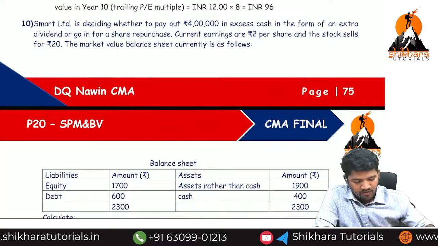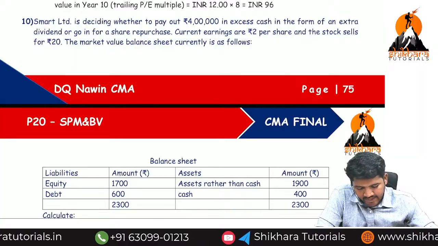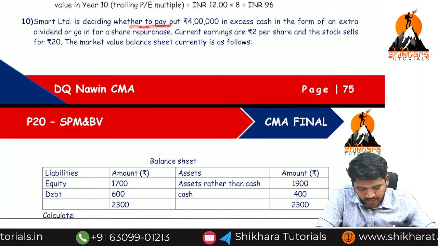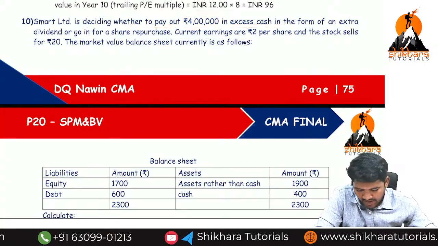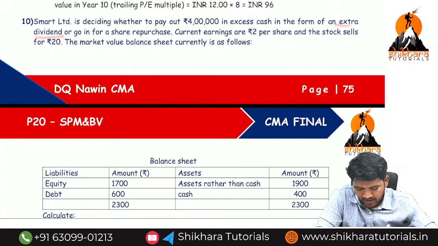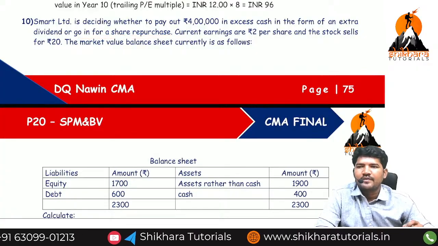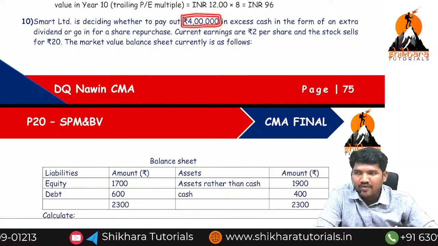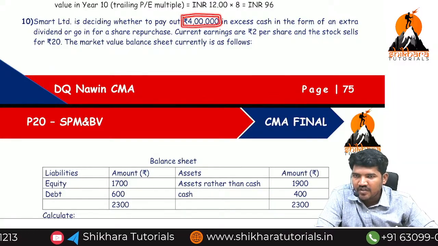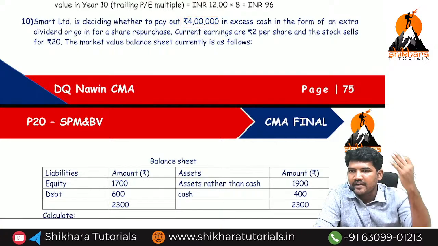Okay. Now illustration number 10. Smart Limited is deciding whether to pay out 400 lakhs in excess cash in the form of extra dividend or go in for a share repurchase. In simple terms, they're saying the company has 4 lakh rupees of cash after settlement to all the persons as per the income statement.